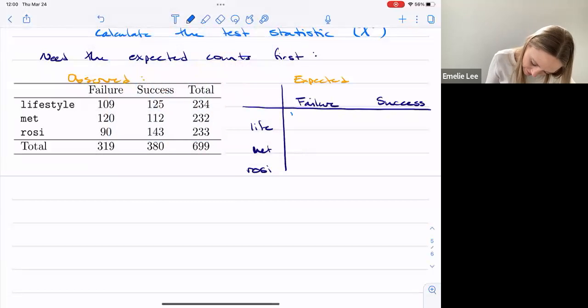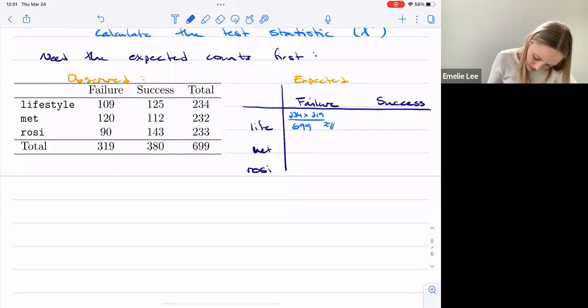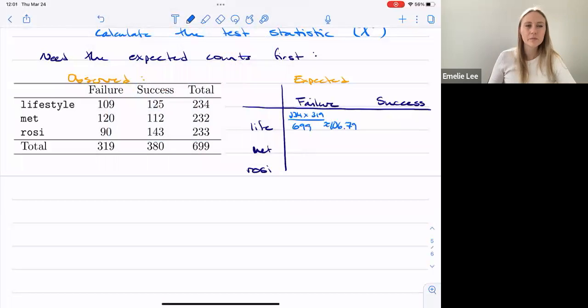So here I have 234 times 319 divided by 699. 234 times 319 divided by 699 is roughly 106.79. I got a bunch of decimal places, but I'll round, and that's probably good.